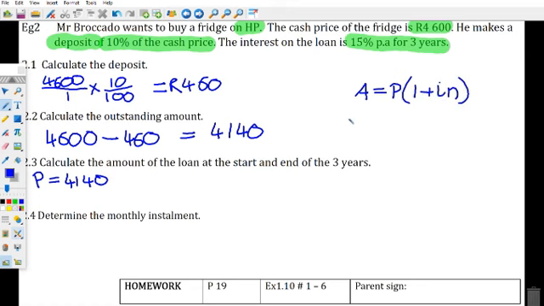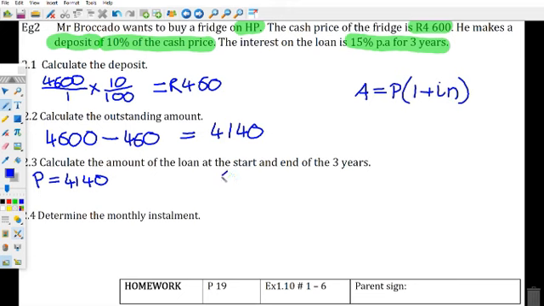So we want the amount at the end of the 3 years, my A, the accumulated amount, how much we have to pay at the end. So let's put it in my formula.